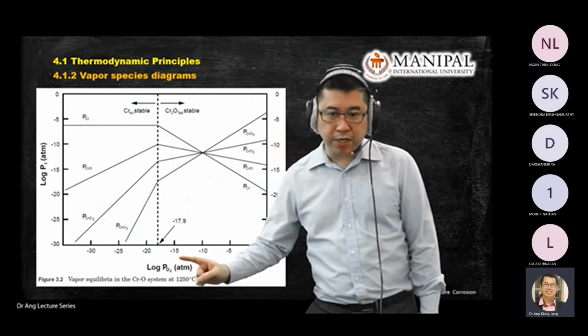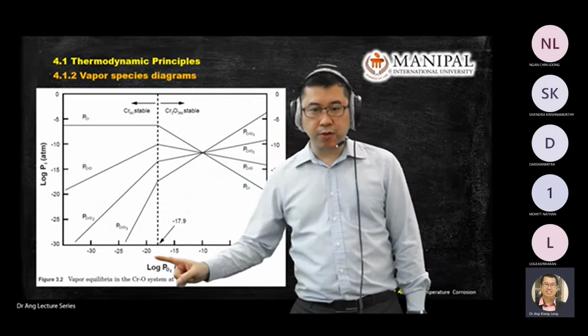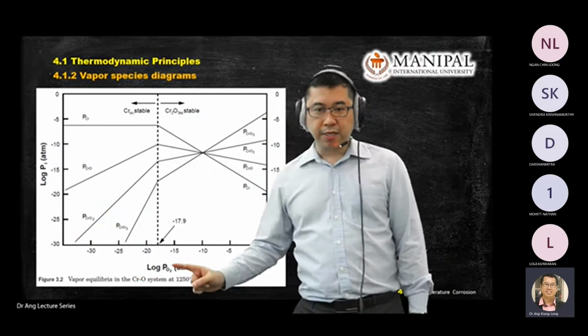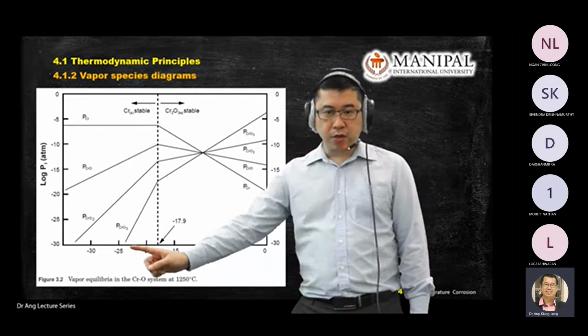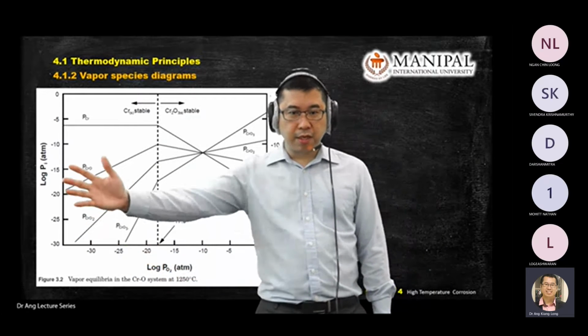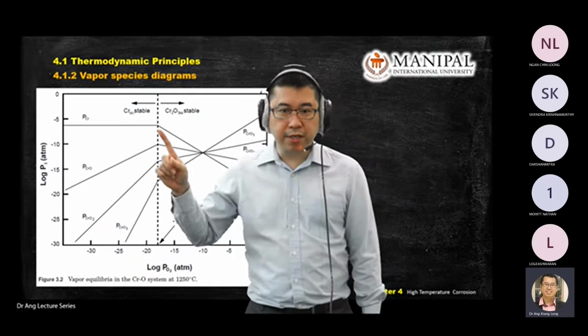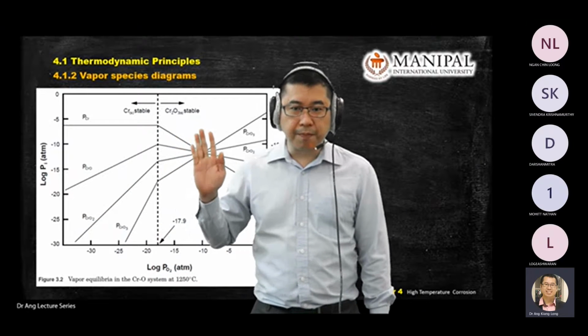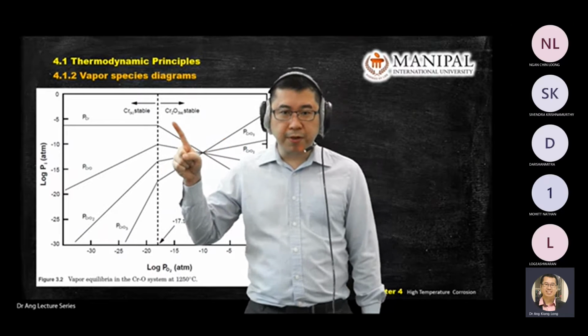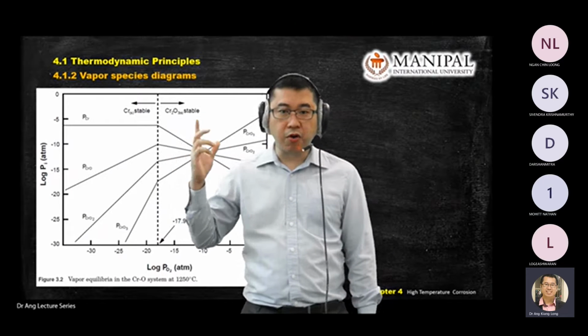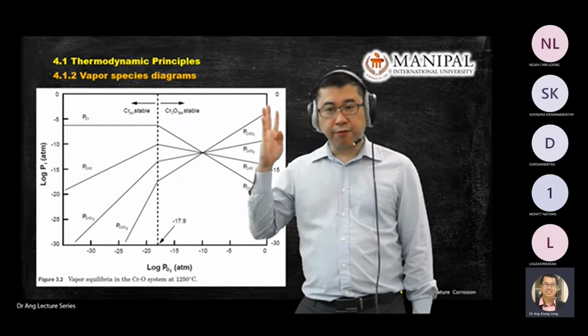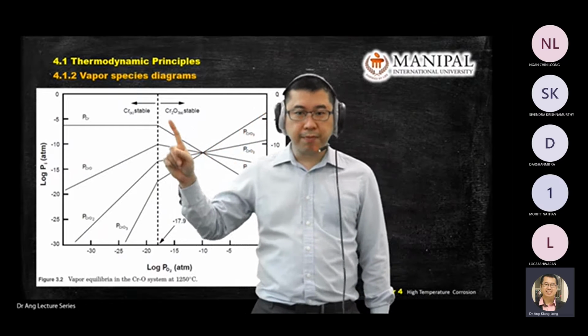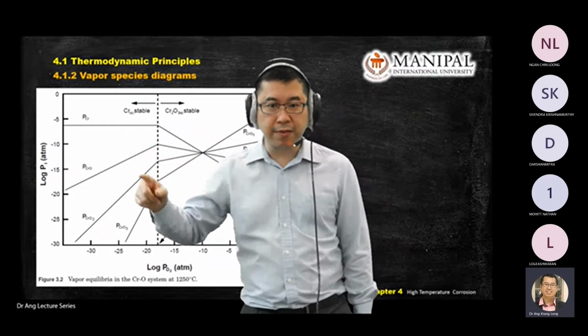And this one is the PO2, which means you're talking about oxidation. There's oxygen there. So it will tell you at a certain level. For example, on this graph you see Cr, chromium. Just now, the four members, chromium is stable, and this one is stable, and so on.